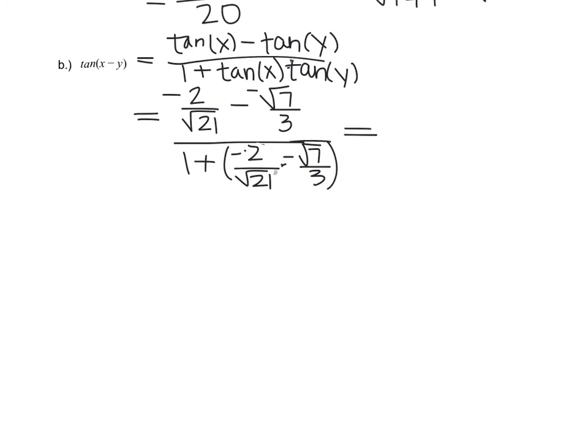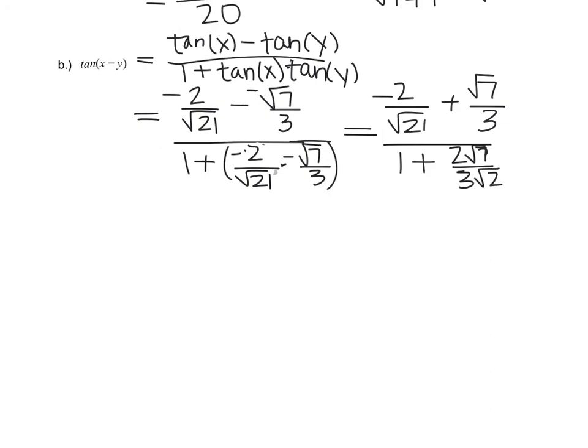So first I can rewrite my numerator as -2 over radical 21 plus radical 7 over 3. And we can rewrite the denominator as 1 plus 2 radical 7 over 3 radical 21.